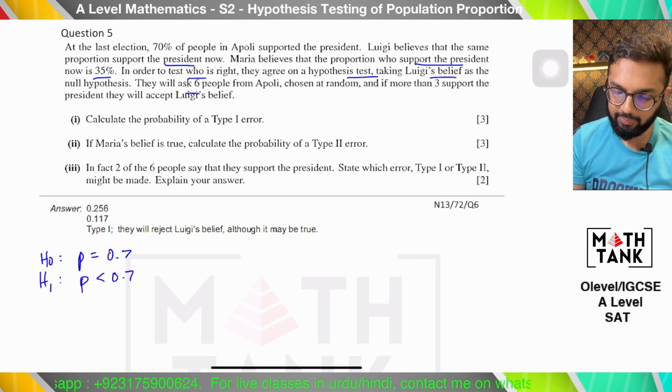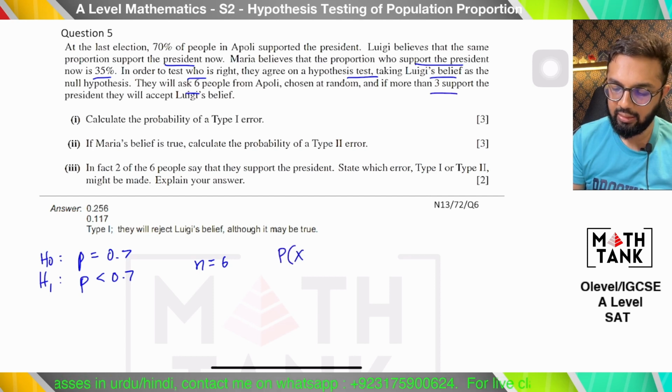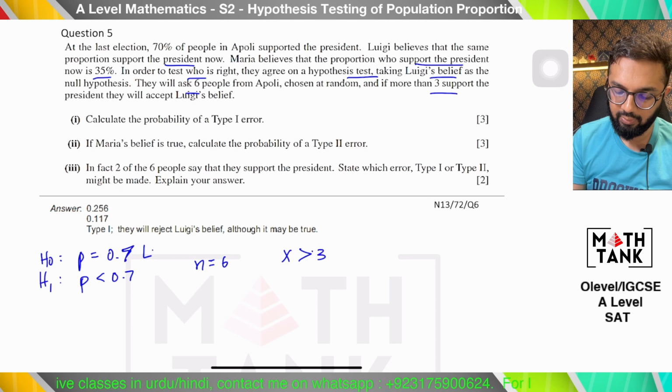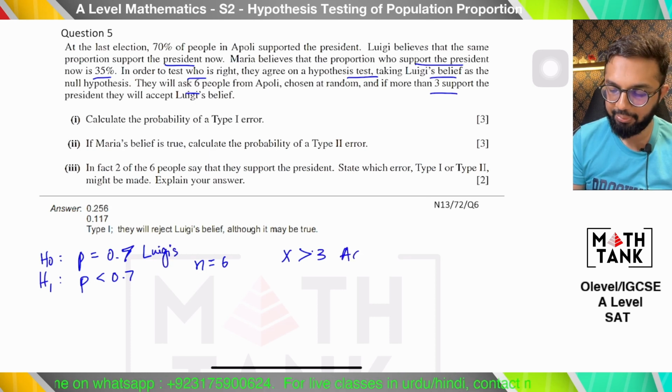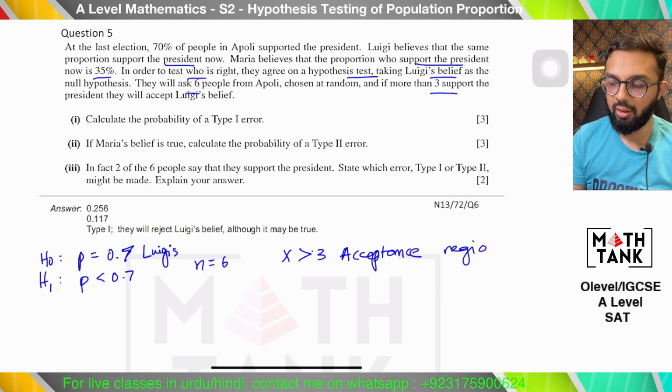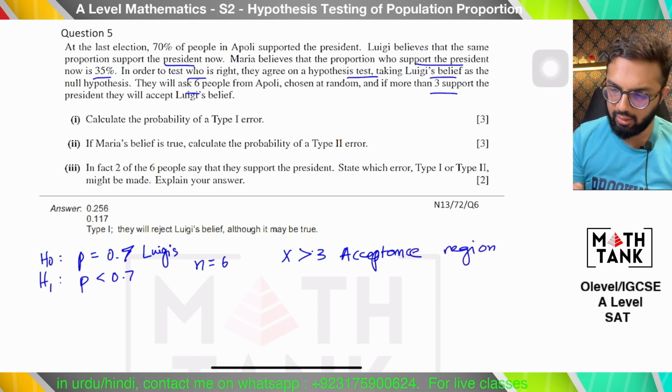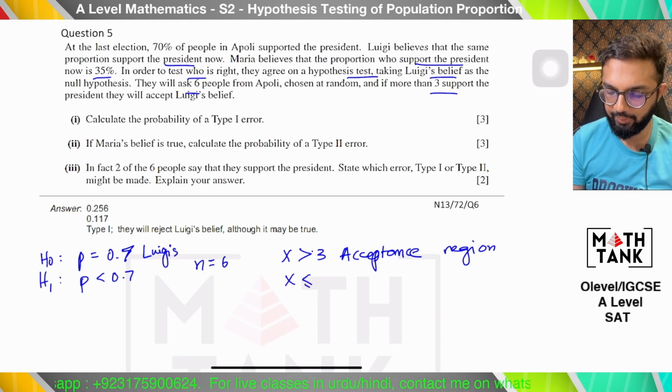They will ask 6 people, and if more than 3 support the president, they will accept Luigi's belief. This is actually the acceptance region. You are accepting H naught. So your rejection region will be x less than or equal to 3.